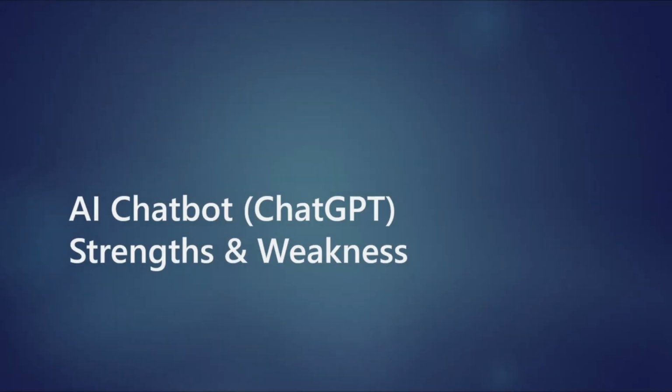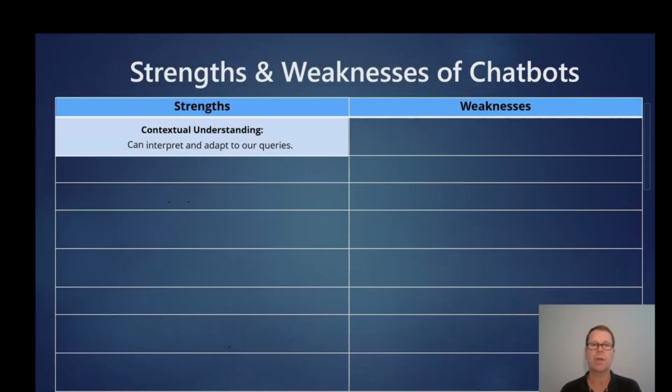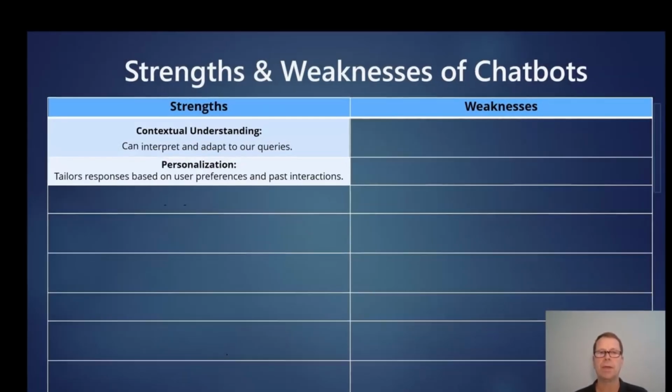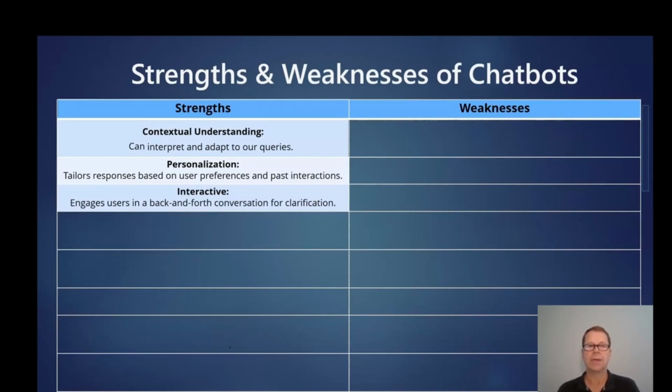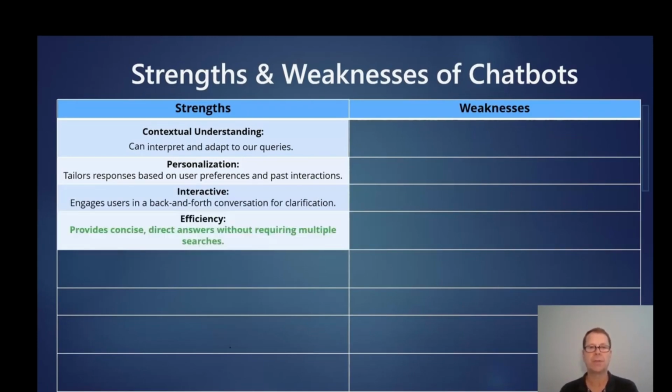Let's talk about the strengths and weaknesses of chatbots. Let's start with their strengths. First of all, they demonstrate contextual understanding. They can interpret and adapt to our queries. They can also personalize those responses based on our preferences and past interactions. They are interactive, and can engage in back and forth conversation with us for clarification. They're efficient. They provide concise, direct answers without requiring multiple searches.